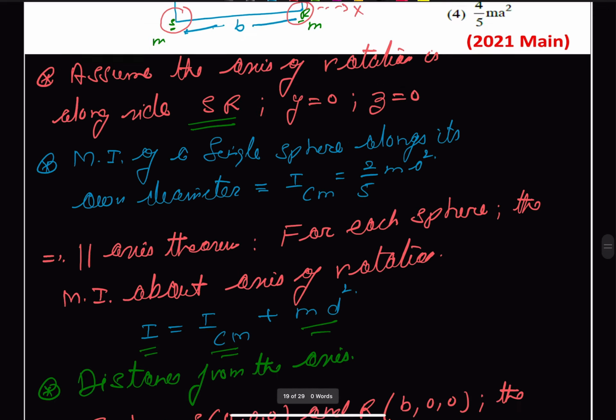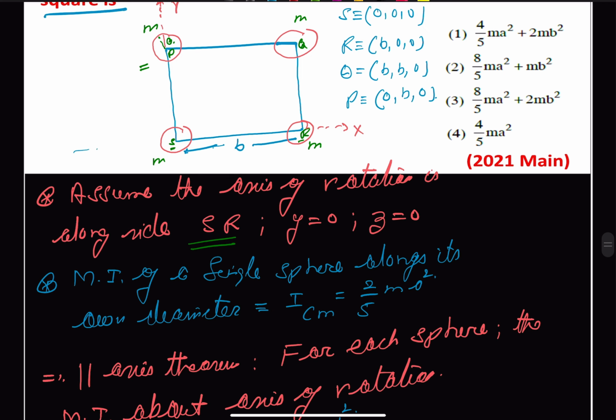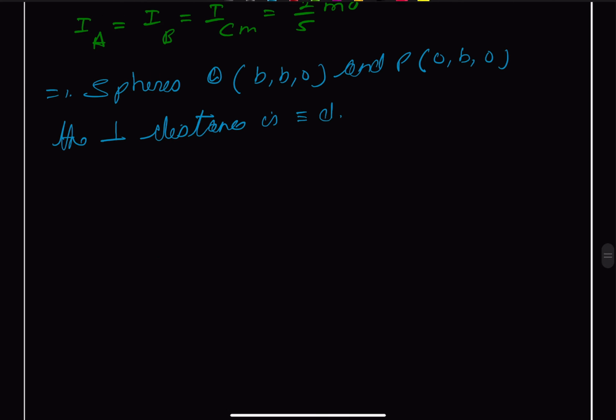We can clearly see that this is our axis of rotation, and the perpendicular distance here is B, and here also B. Therefore, IC and ID will be equal to ICM plus MB square, which gives us 2 by 5 MA square plus MB square.